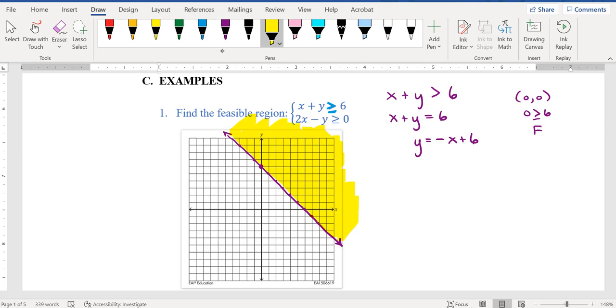Okay, now for the second inequality of the system, I have 2x minus y greater than or equal to 0. If I do 2x minus y equals 0, I get y equals 2x. The origin is the y-intercept. The slope is 2, so up 2 over 1.